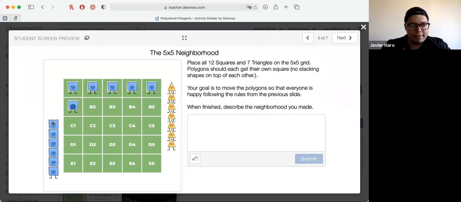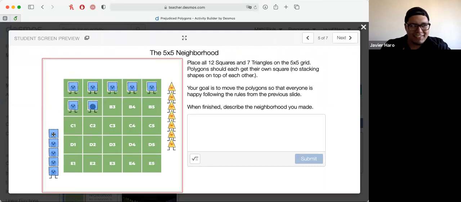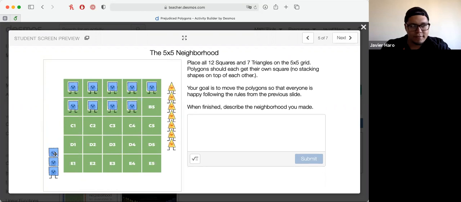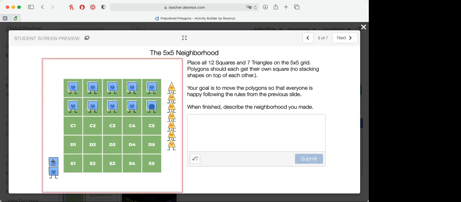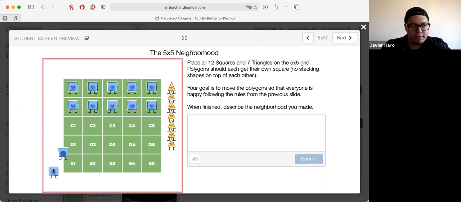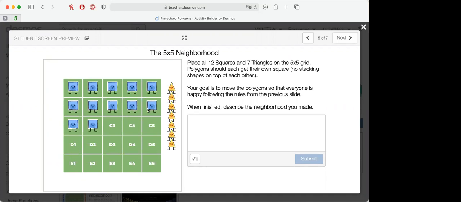Okay, I'm trying to catch up. All the way to C2, right? Yeah. Okay, almost there. Perfect. And then what about the triangles? And then the triangles fill the bottom row and then go to D4 and D5. D4 and D5. Ooh, okay.